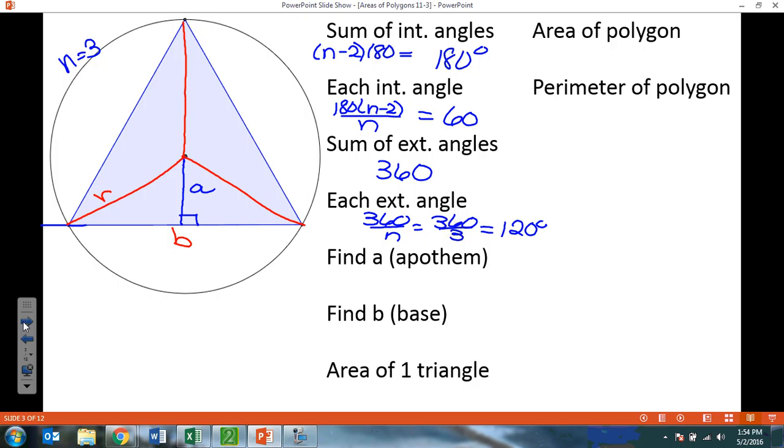Okay? So, if this is 60 degrees to begin with, and I drop a radius to here, that bisects it, so how much is the angle going to be now? 30. So I have a 30-degree angle here, because it was 60 and I'm dividing that by 2.